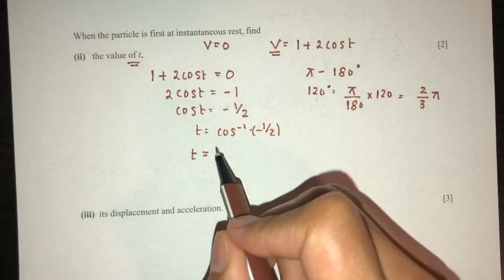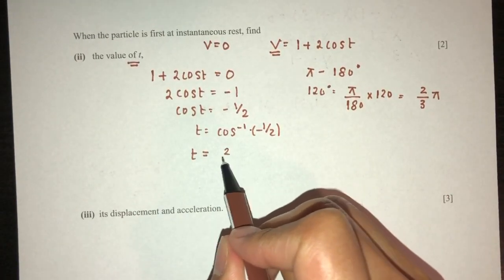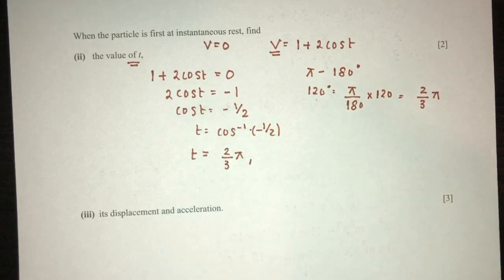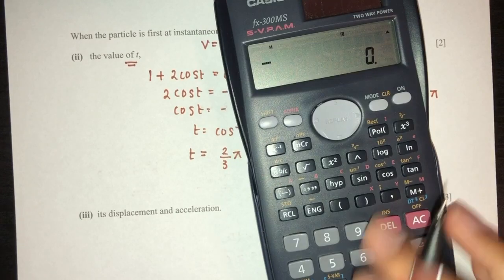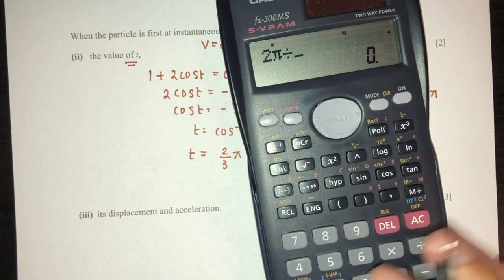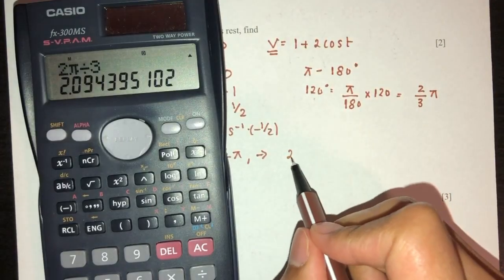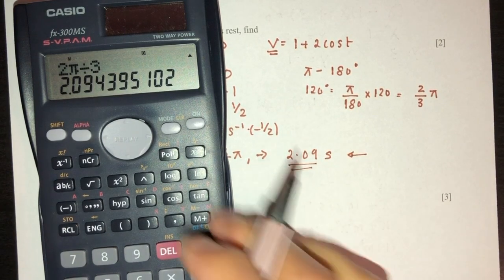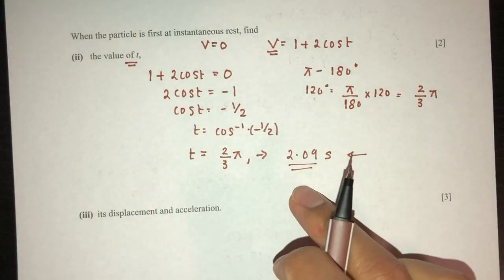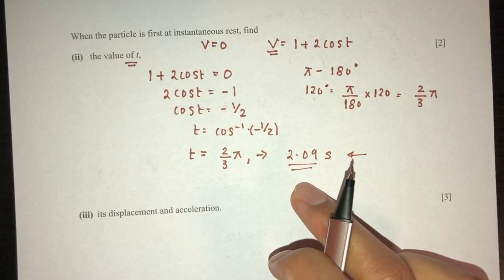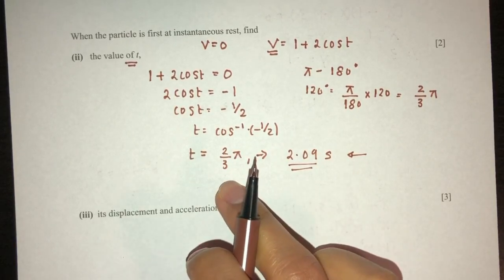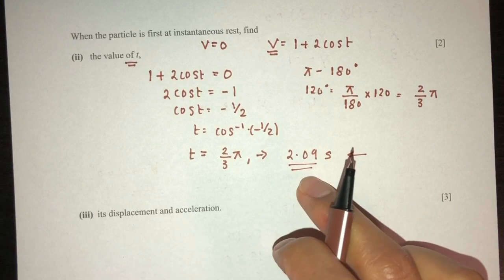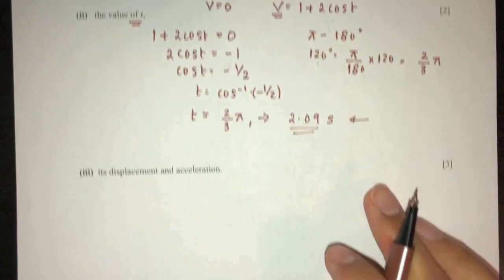So t is equal to 2 over 3 pi, or you can write it as a decimal, which is not exact, but that's okay as well. So 2 times pi divided by 3. That should be 2.09 seconds, correct to 3SF. That is the value of t in terms of decimals for seconds. And you can write the exact value as well if you want to, but I think this is the best to go with when you work with time.